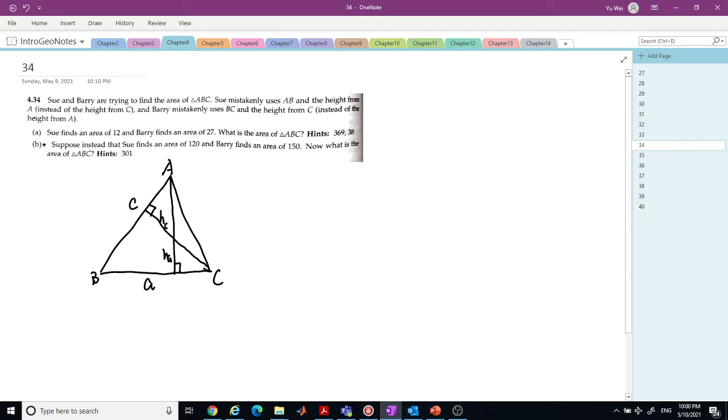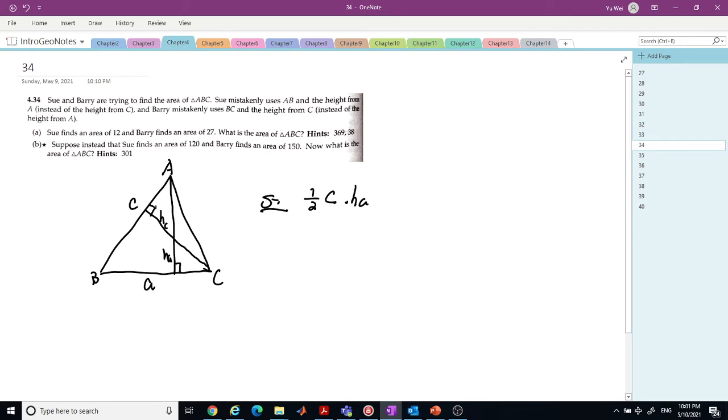So for this one, let's say Susan and Barry are trying to find the area of triangle ABC. Susie used AB, that's the side length C, and the height from A, which she calculated mistakenly.